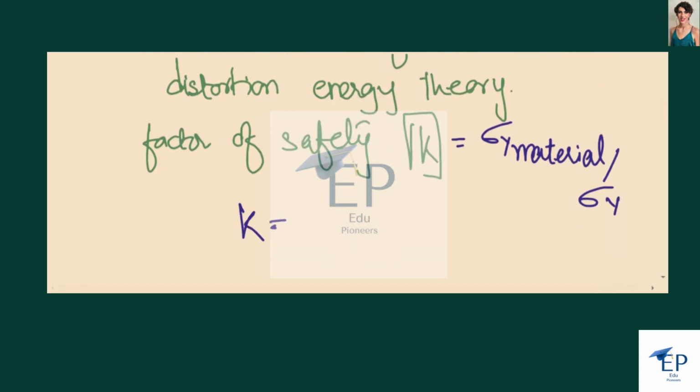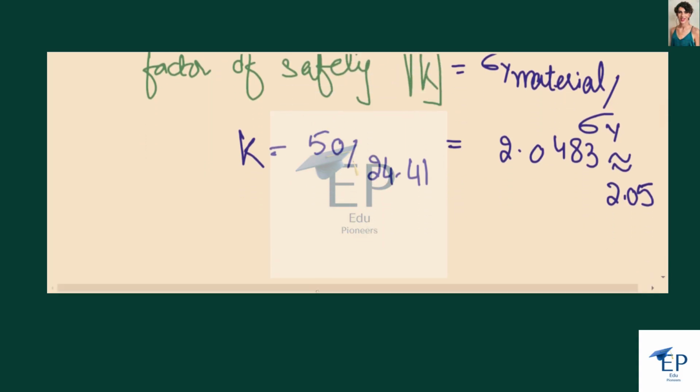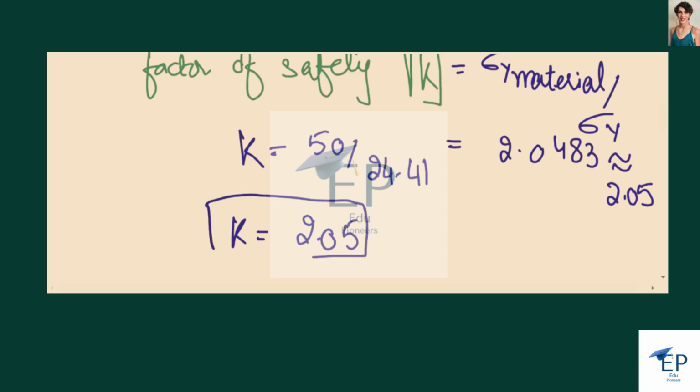So k is equal to 50 divided by 24.41, and that is equal to 2.0483, approximately 2.05. So I can say that the factor of safety is 2.05. This concludes our answer for this part, and this is your whole solution.